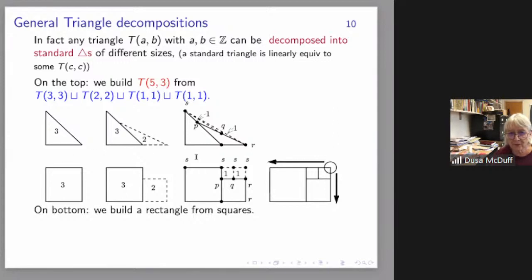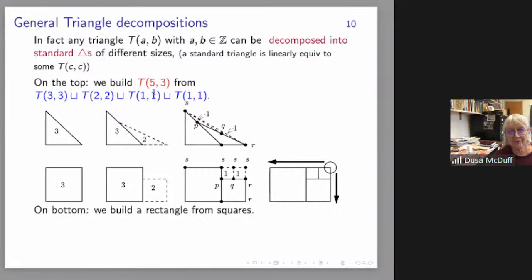It's got size 5 and height 3. I'm decomposing it into triangles: one standard triangle of size 3, a standard triangle of size 2, and then 2 standard triangles of size 1. That would be a decomposition of this triangle T53 into standard triangles.